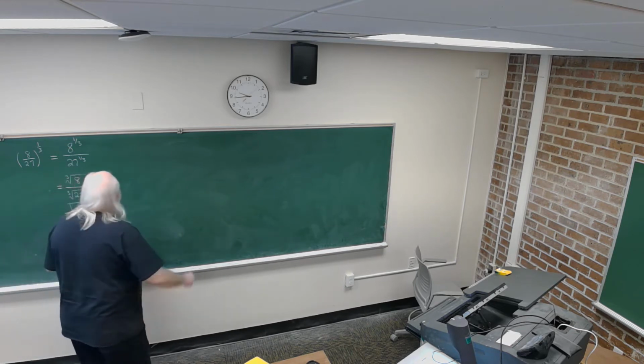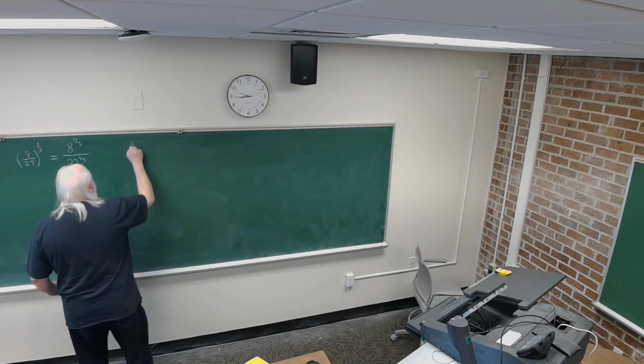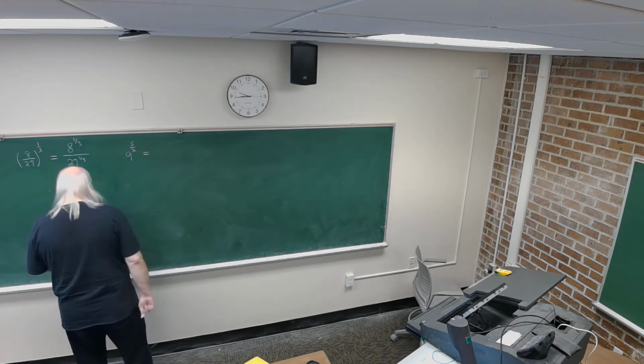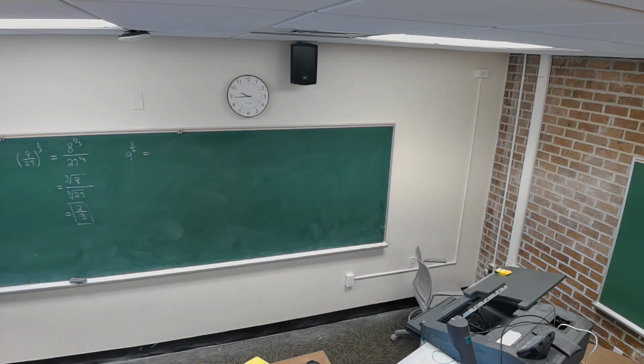In B, we have 9 raised to the 5/2 power. As I was pointing out, written on the board, a raised to the m over n power, you can raise a to the m power and then take the nth root, or you can take the nth root of a and then raise that result to the mth power.